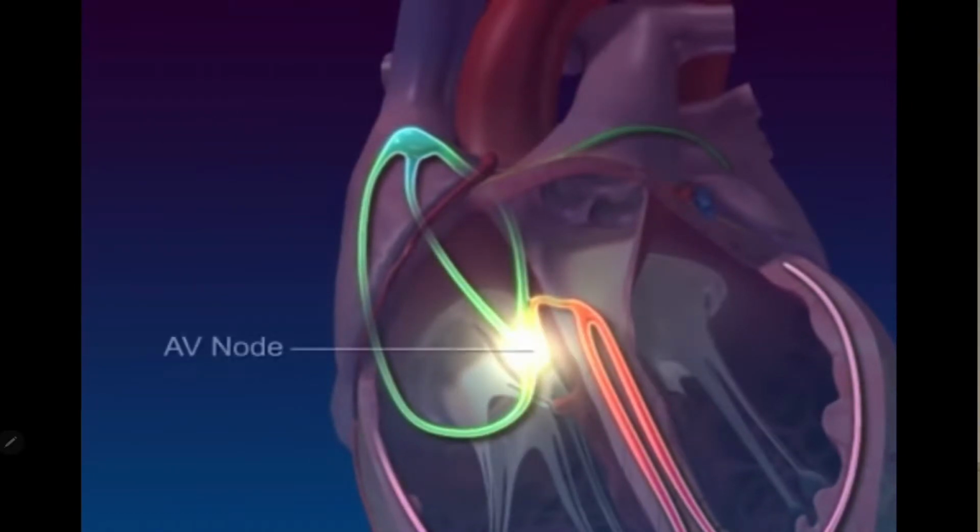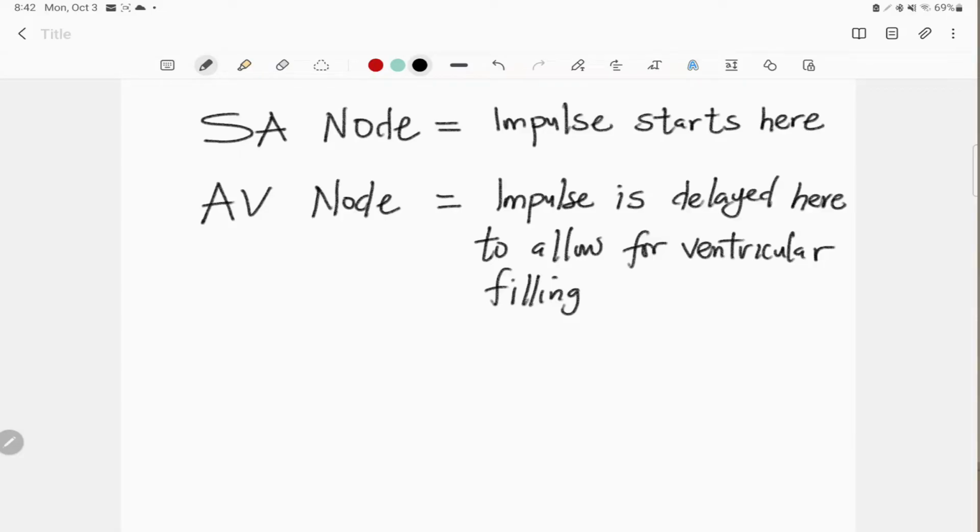We also have the AV node, the atrioventricular node. In the AV node, there is a delay of impulses to allow the ventricles to fill with blood. So the AV node acts as a brake or a soft pedal for the ventricles to be filled.